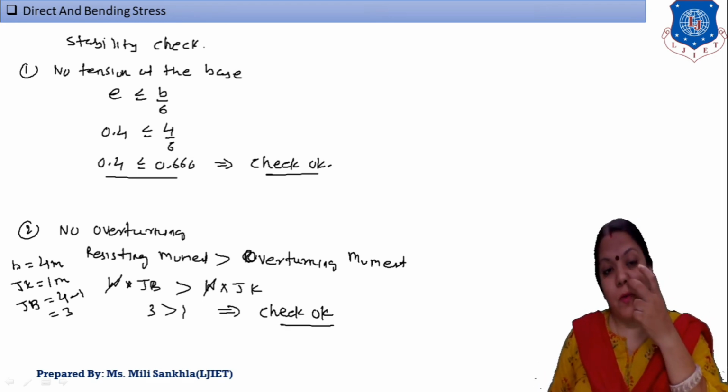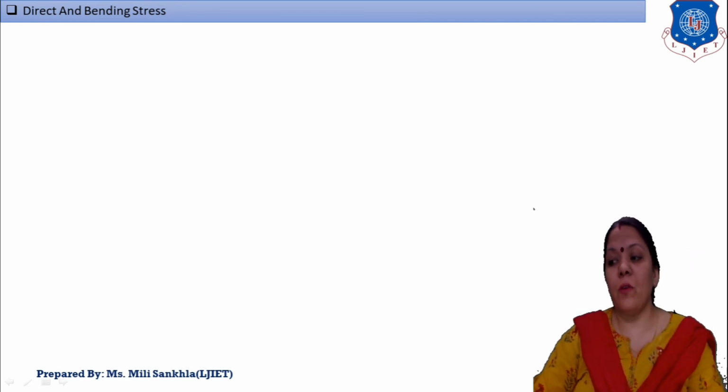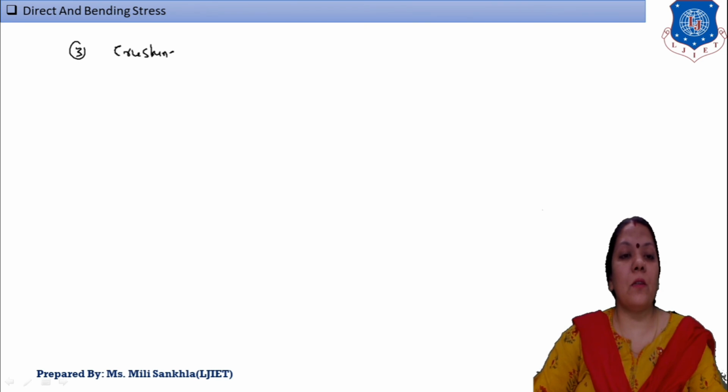Okay, now our third check, write down, our third check is crushing stress. Make a heading. Third check is our crushing stress, or we can say crushing strength. For that, the relation is sigma C greater than sigma max.